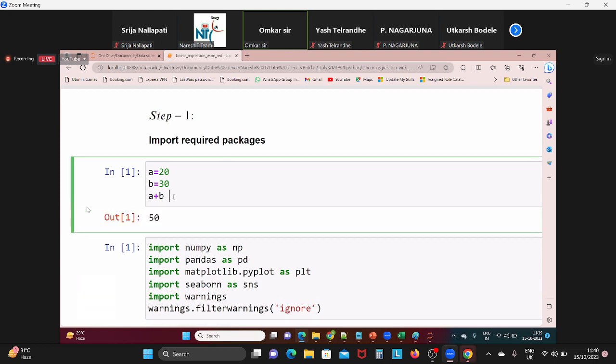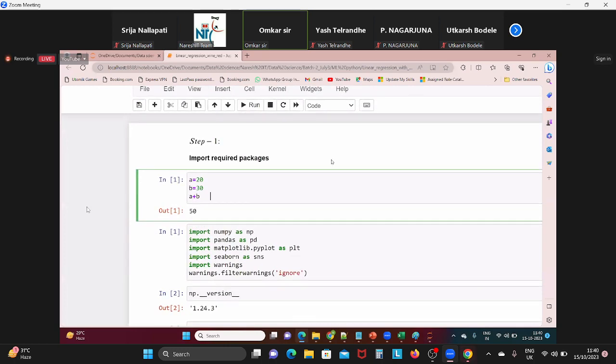If you write the same code in C language, you'll require at least 8 lines, and also curly braces, semicolons, colons. Many things you require. Yeah, panic. Correct. That's why don't look at the syntax. See how simple Python is: A is equal to 20, B is equal to 30, A plus B is equal to 50. Don't look at those things.